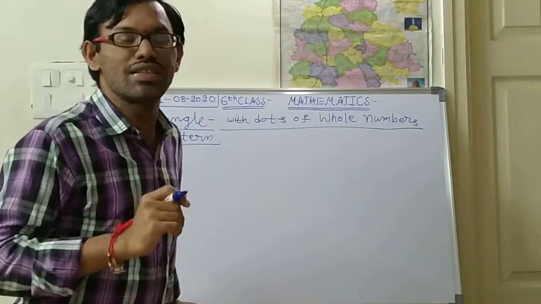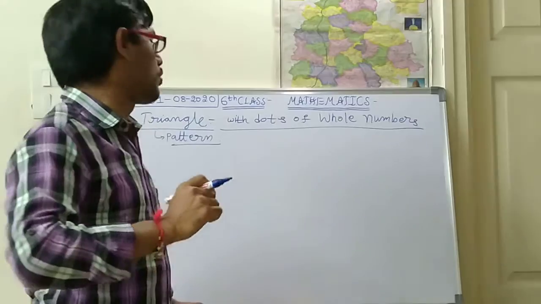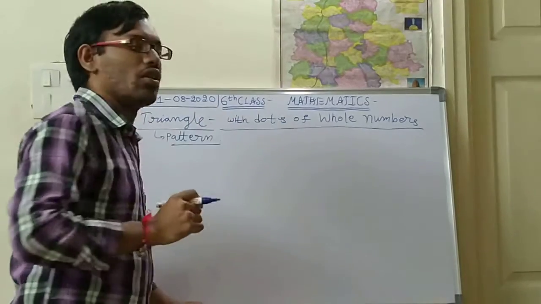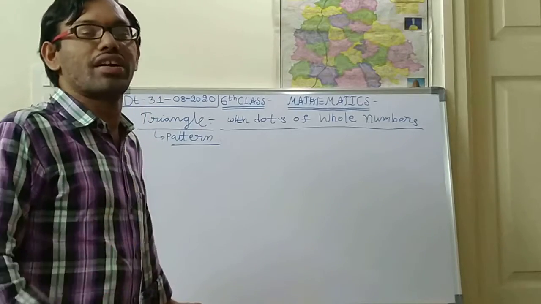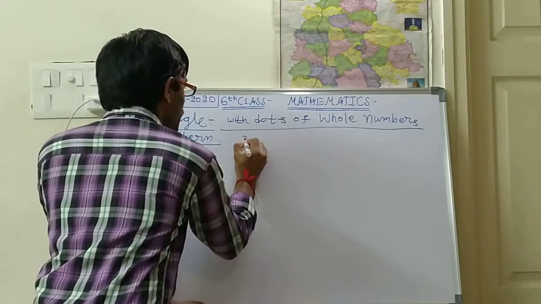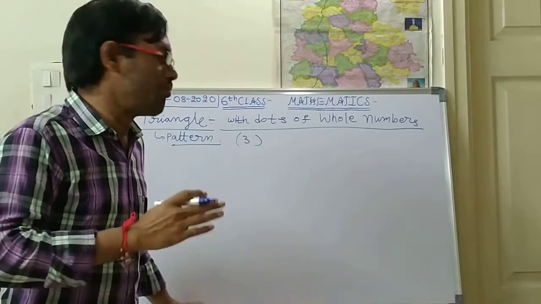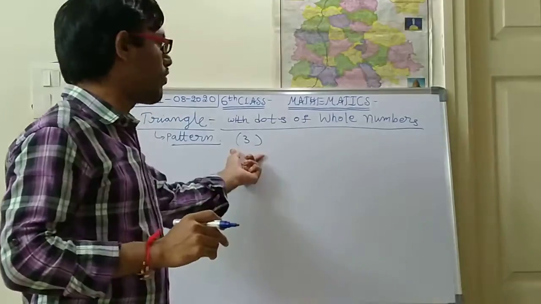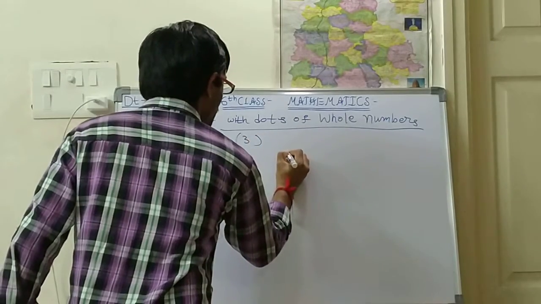So what is the minimum number of dots to form a perfect triangle? The minimum is 3. Is it right, children? If there are 3 dots, very basically, then we can form a triangle. We can form a triangle like this.